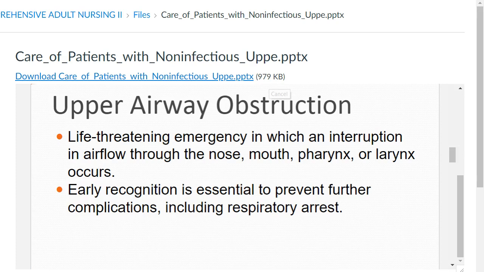Sometimes we see that occur when a patient has not had very good oral care, and a lot of times secretions really start to accumulate on the roof of the mouth, where if you really don't get in there and assess the status of the oral cavity, then those secretions can really start to build up.